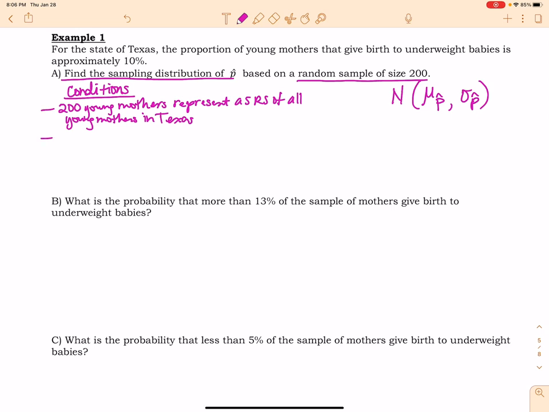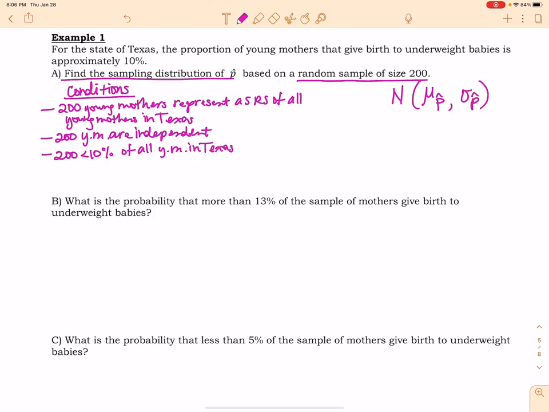The second condition: there's no reason to assume that these young mothers are not independent, so we are just going to conclude that these 200 young mothers are independent. 200 is less than 10% of all young mothers in Texas.